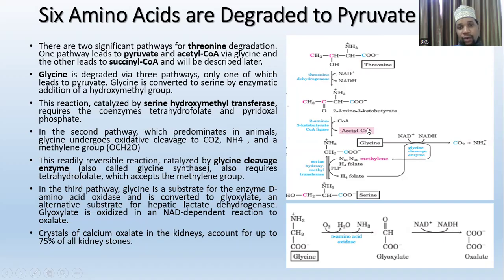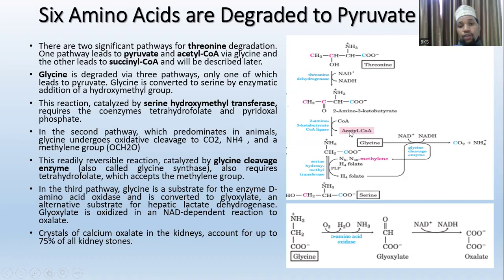So acetyl-CoA is formed. If you can remember, we talked about threonine producing acetyl-CoA apart from pyruvate. So while discussing those amino acids that give rise to acetyl-CoA, we don't need to talk about how threonine is converted, unless there is a different pathway where it is converted to acetyl-CoA.